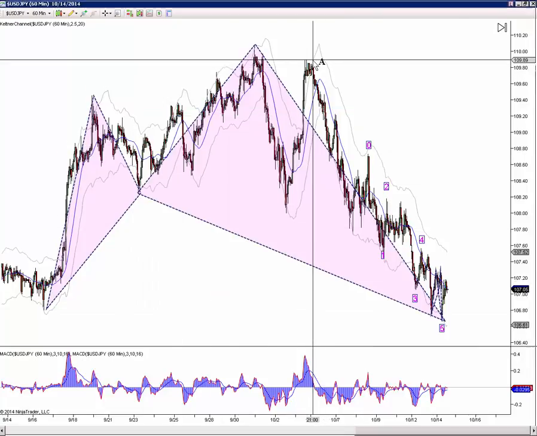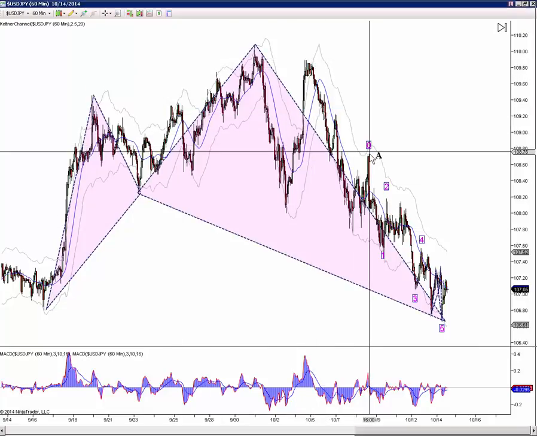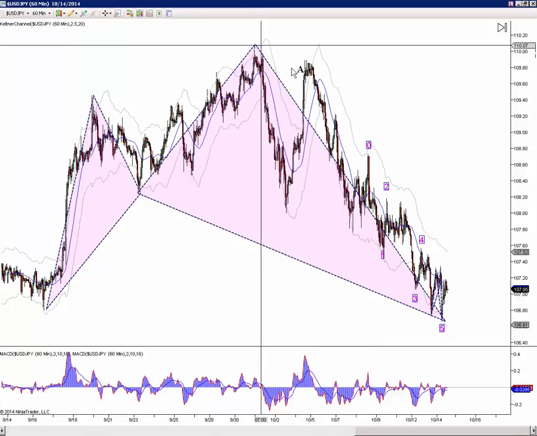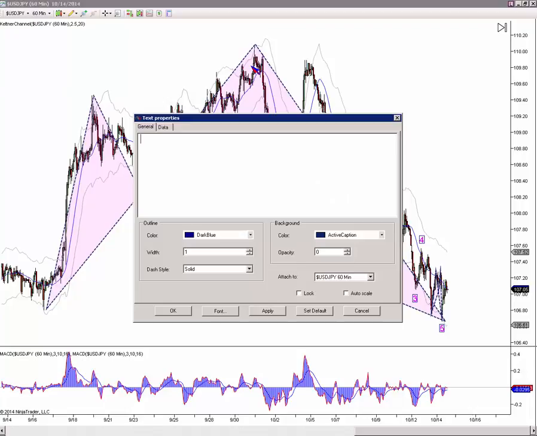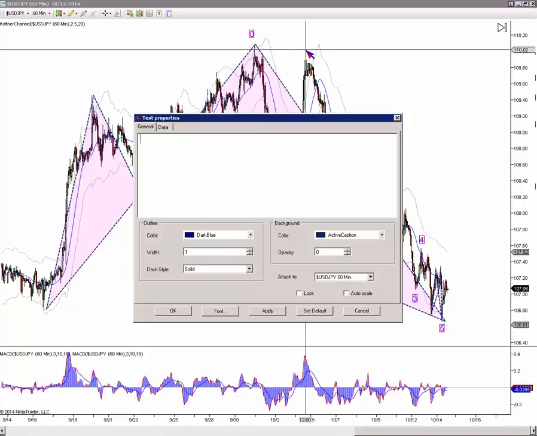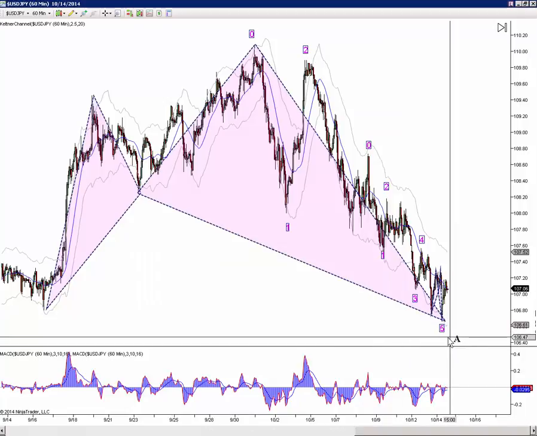So this could be a 0 point, which is that lower high, okay, or this right here can be a 0, a 1, a 2, right? And this could be 3.